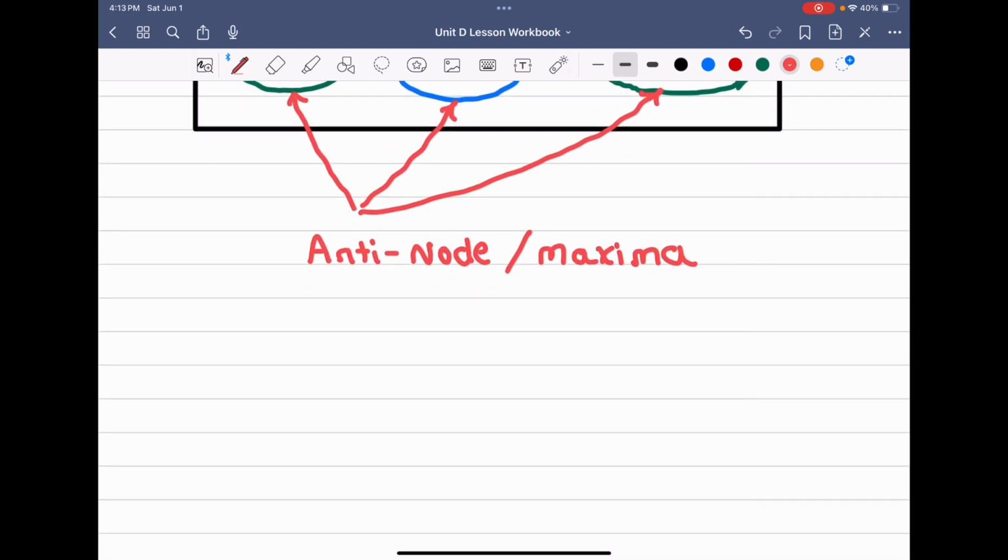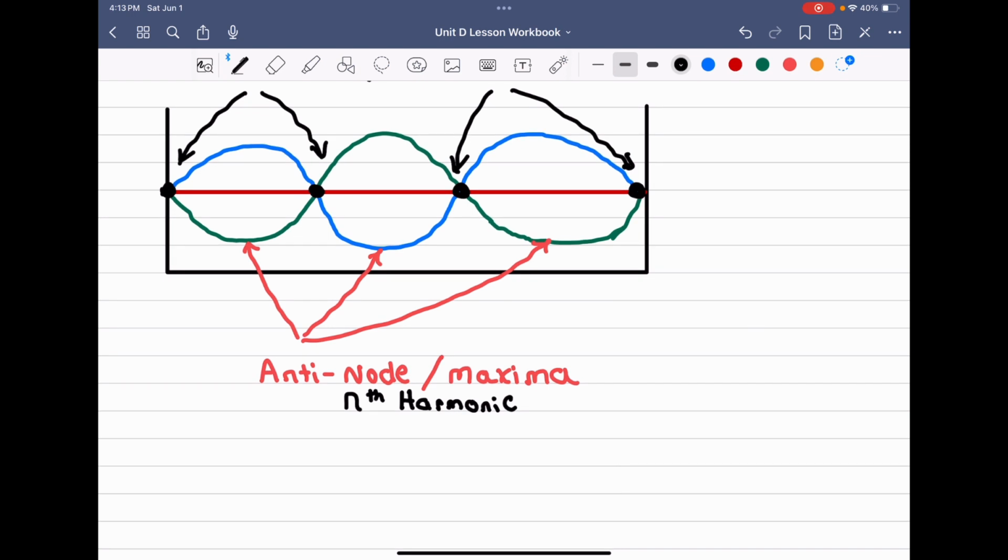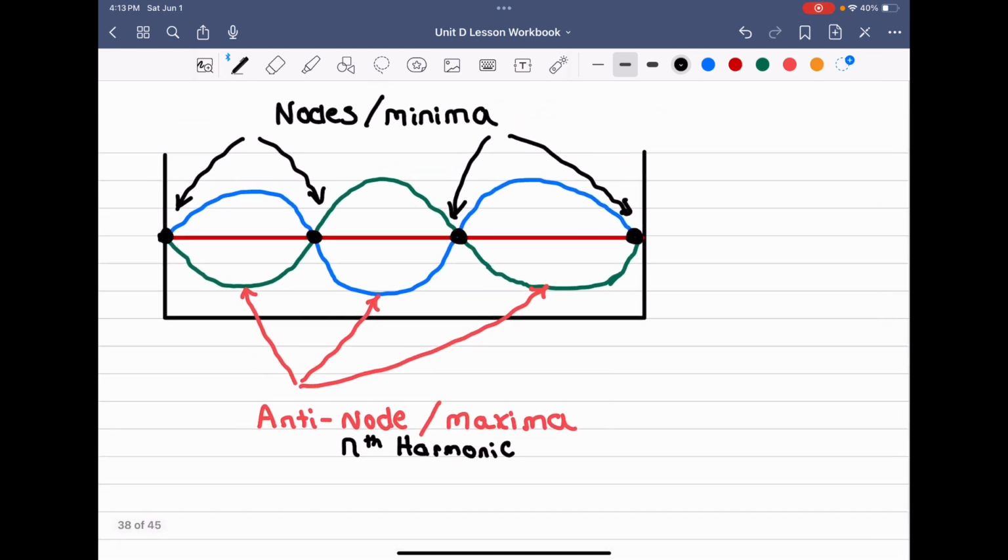So to label this below here, I'm going to write this, and I'll switch back to my black pen here. So this is going to represent the nth harmonic. The antinodes or maxima determine whatever harmonic it is. In our depiction of this, we have a third harmonic situation, or a third harmonic standing wave.